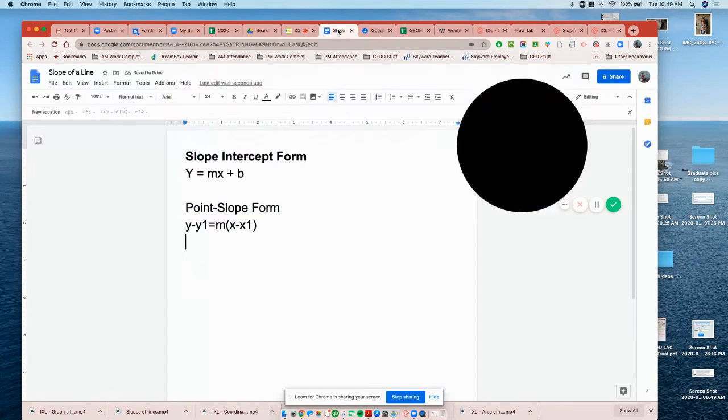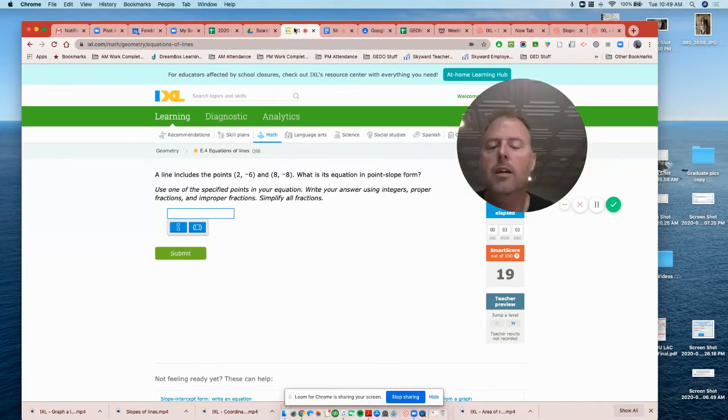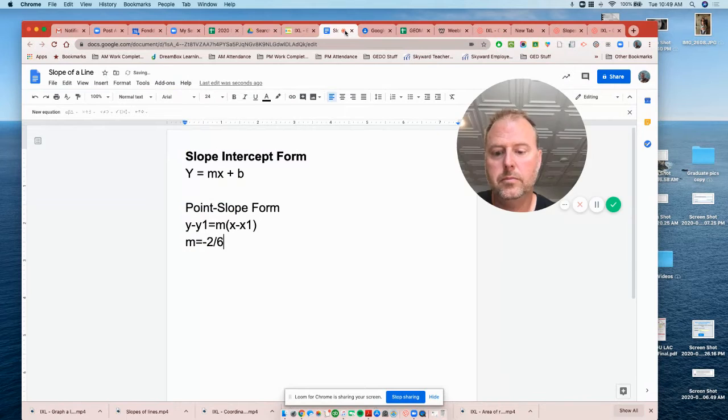So my slope in this case is -2 over, my x is 8 minus 2, which is 6. So -2 over 6, if I reduce it, is -1/3. Then I just have to pick one of the points. It doesn't really make a difference which point we choose.